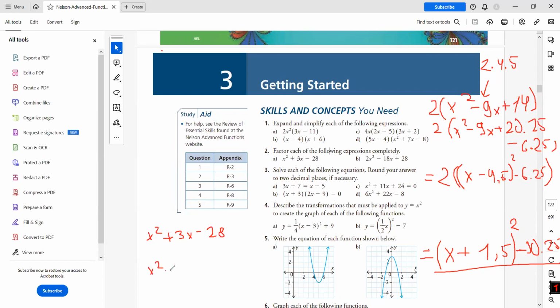Then you take x squared and 7x together and remove the x out, so it becomes x plus 7. From the other side you take the 4 out, so minus 4 times x plus 7, which means the brackets are the same. So what you do is you take x plus 7 times x minus 4.